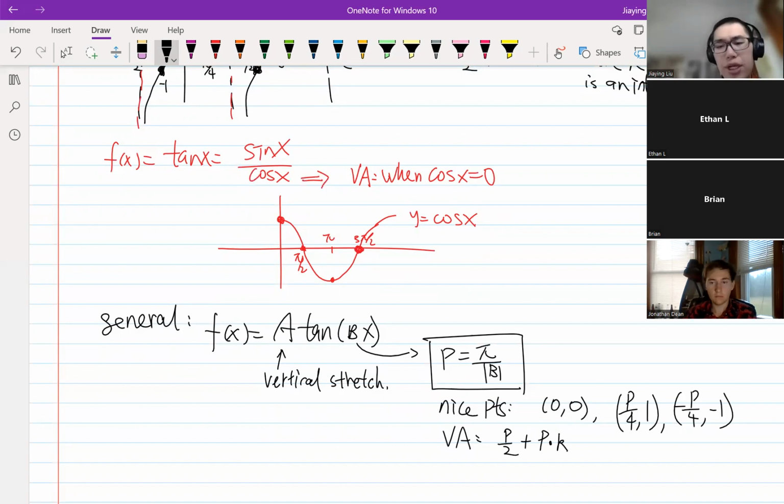So if the period is pi, it's going to be at pi over 2 plus pi times k. If the period is pi over 2, then it's going to be at pi over 4 plus pi over 2 times k, where k is an integer. But again, you don't have to memorize it. Worst case, just try to graph it.